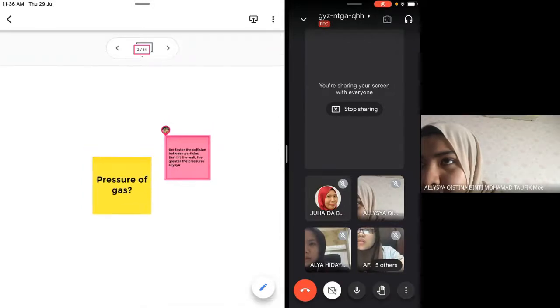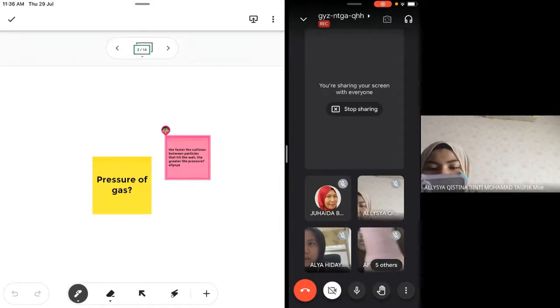Okay, so Alisha answered, the faster the collision between particles that hit the wall of the container, the greater the pressure.